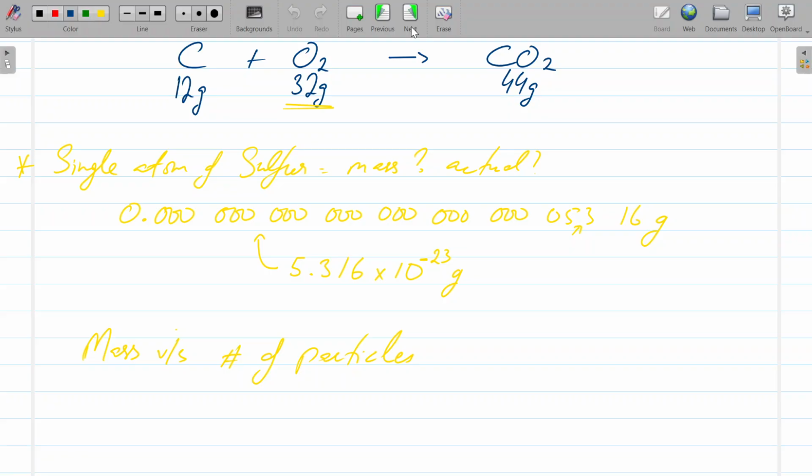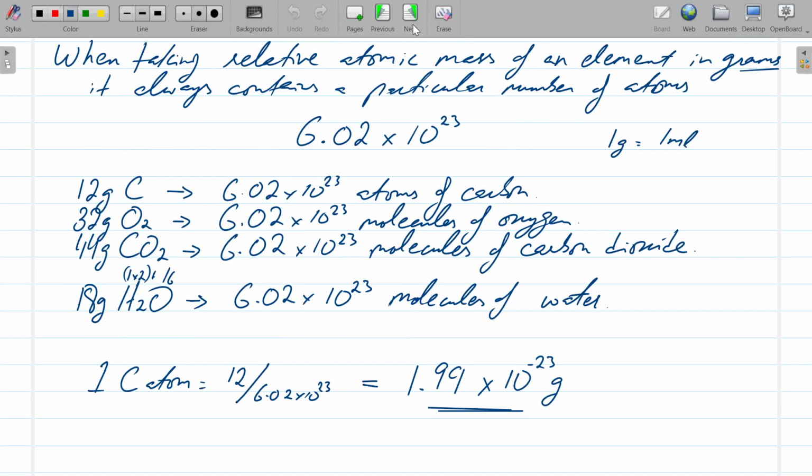All right, then we talked about the mass of a single atom, and then taking the relative atomic masses to be actual masses in grams, and then okay, fine, how many particles are there? So we came across Avogadro's number, which is 6.02 into 10 to the power 23 particles in what is called a mole, right?